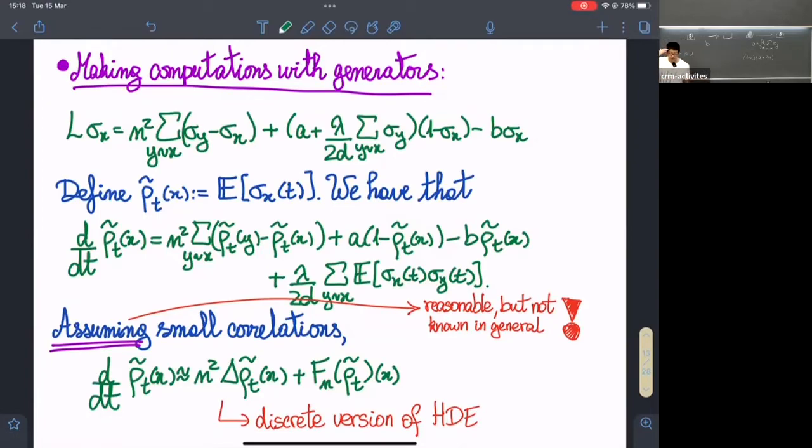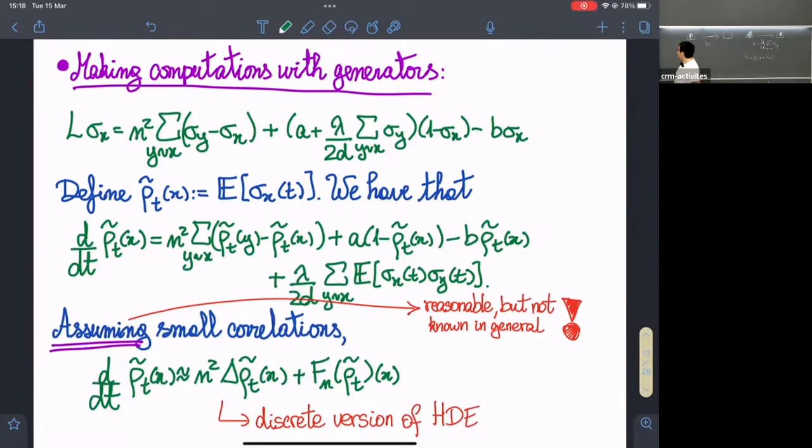But if you're thinking afterwards of taking averages over mesoscopic regions, and you believe that the law of your process, since the dynamics is local, is reasonable to assume locally ergodic in some sense, so it doesn't have long-range correlations, then whenever you do an average over a mesoscopic region, you probably will recover part of this small correlations assumption. Here you are just assuming because you want to see what happens.